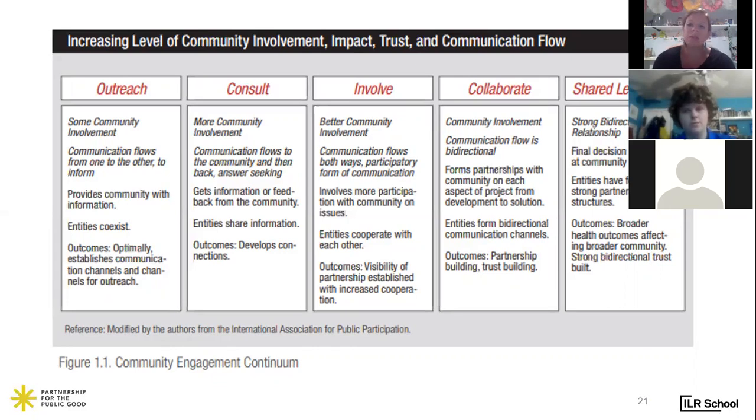I'll go over some of these specifics too. This is a continuum that we share a lot with the faculty, staff, and students in our projects, and also with our community partners, so that they understand how we can all collaborate together and towards a greater understanding.